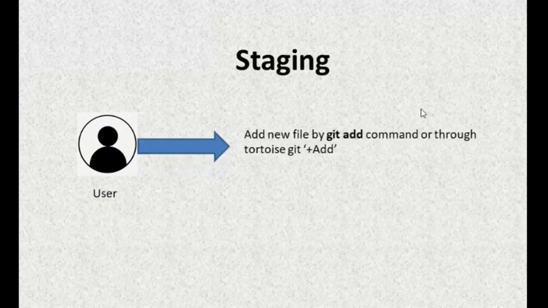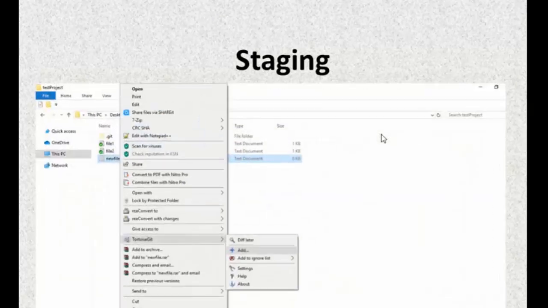Let's see how staging is done by demo. So here is a user. You have to first add a new file through a git command or Tortoise Git add. In Tortoise Git add, you see here is the option. Go to the new file.